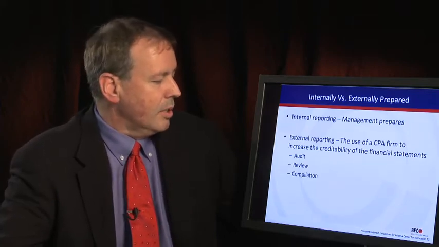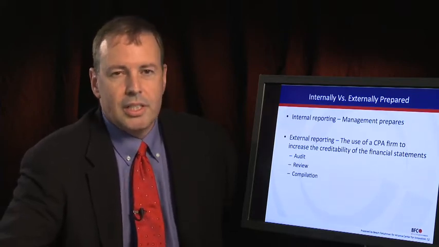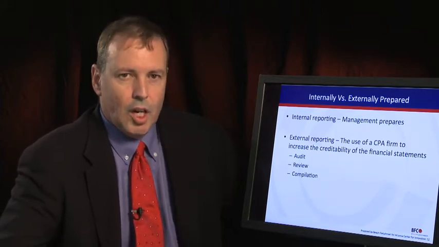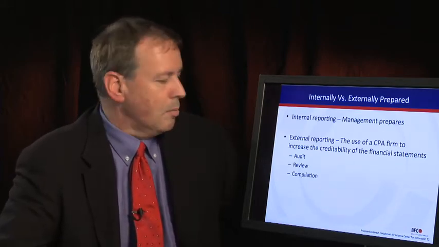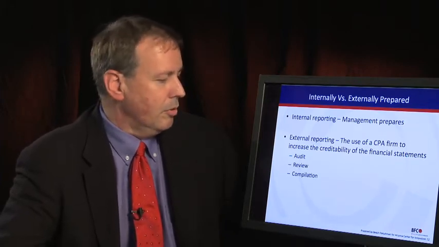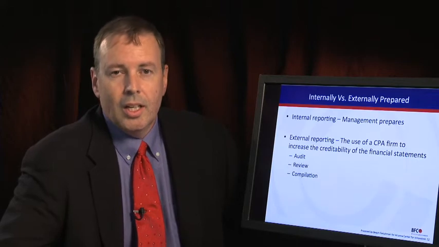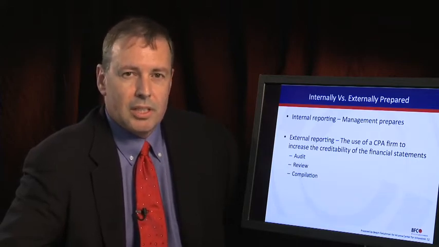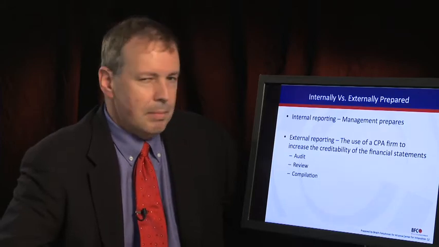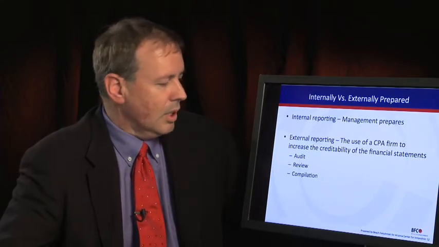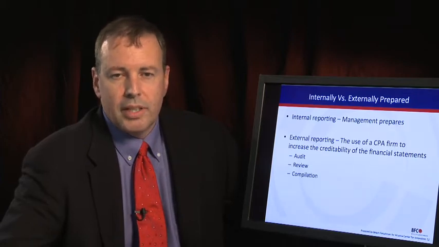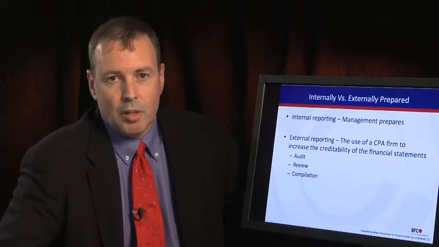The difference between the audit, review, and compilation is based on what the CPA does. In a compilation, our requirements are basically to get your internal information, look at it, ask questions if something does not appear appropriate or correct, make necessary adjustments along those lines, and then put your information in the form of financial statements, and that's called a compilation.